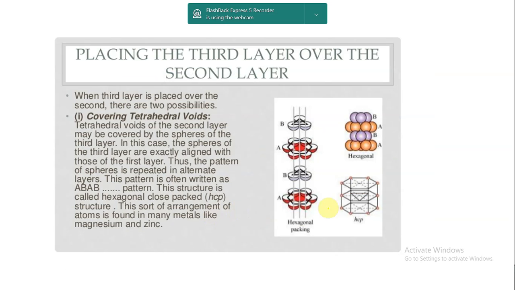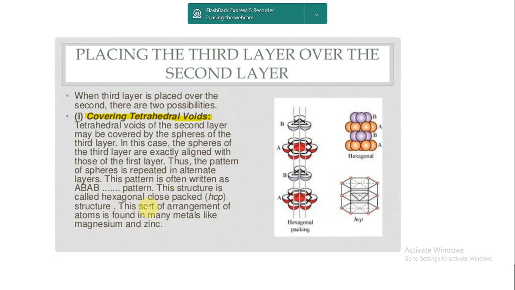Now we can see the various types of layers that are formed. You see how a tetrahedral void is getting covered. The tetrahedral void of the second layer may be covered by the sphere of the third layer. In this case, the spheres of the third layer are exactly aligned with those of the first layer. Thus the pattern of the spheres is repeated in alternate layers, and this pattern is often written as AB type.